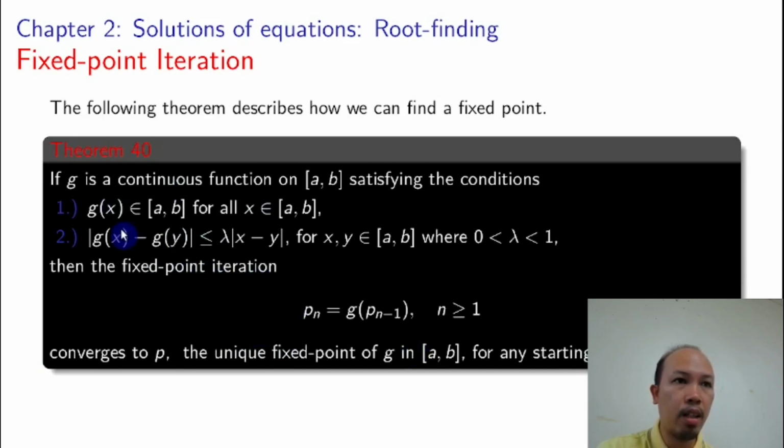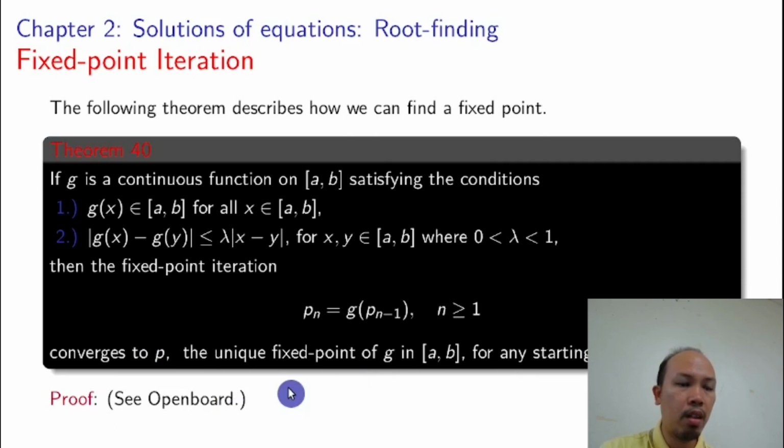So as long as g is continuous on the closed interval [a, b], and these two are the assumptions in theorem 38, then the fixed point iteration will converge to p, the unique fixed point of g in the closed interval [a, b], for any starting p sub 0 that is an element of the closed interval [a, b].